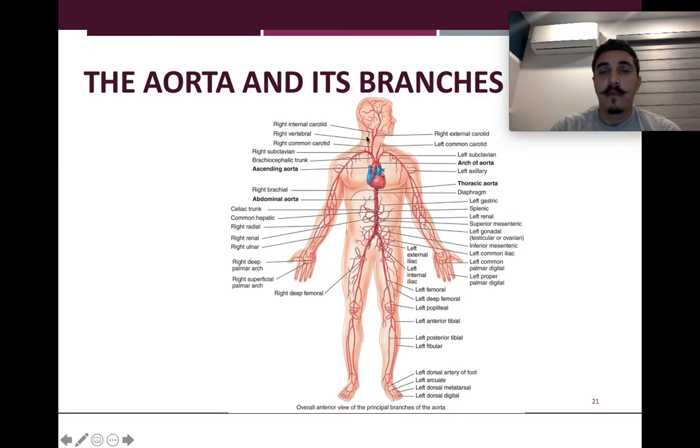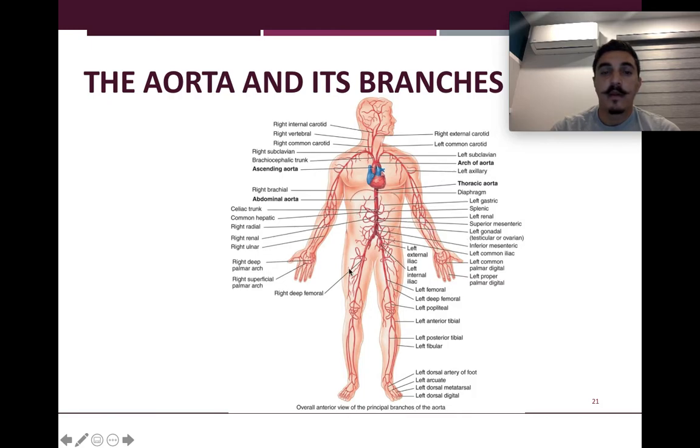The vertebrae, common carotid right here, right on top. The arch of the aorta right here on top. The left subclavian, right beneath the clavicle. Brachiocephalic trunk, it's up here. Ascending aorta, thoracic, thorax, diaphragm.